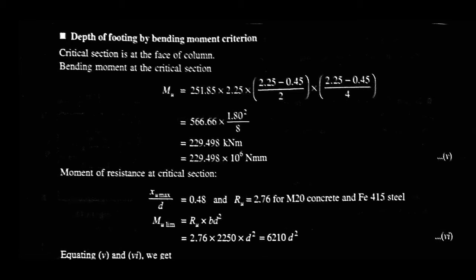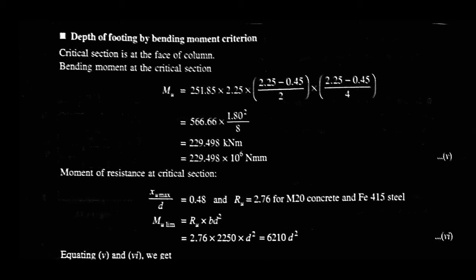Now moment of resistance at critical section. Now xu max by d is 0.48 for Fe 415 steel, and Ru is equals to 2.76 for M20 concrete and Fe 415 steel.